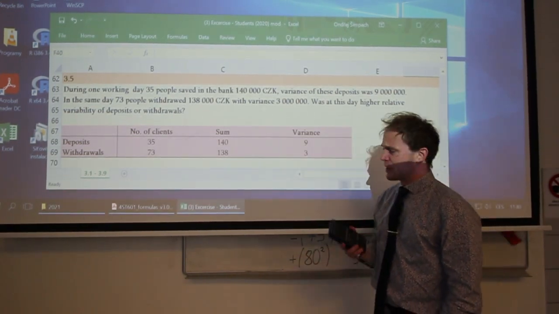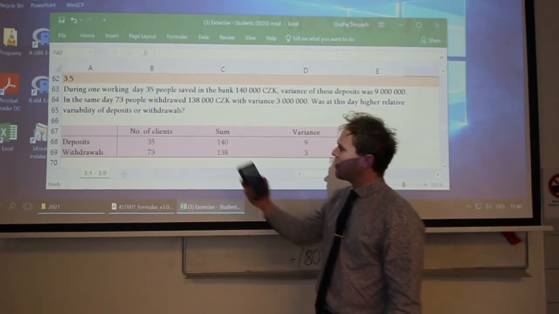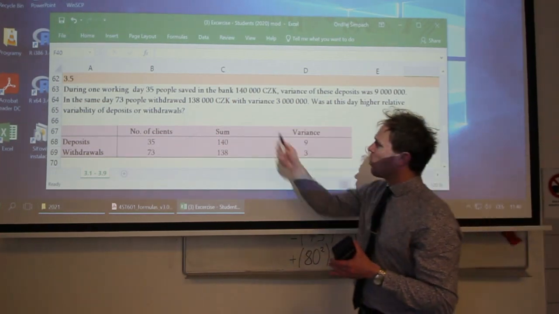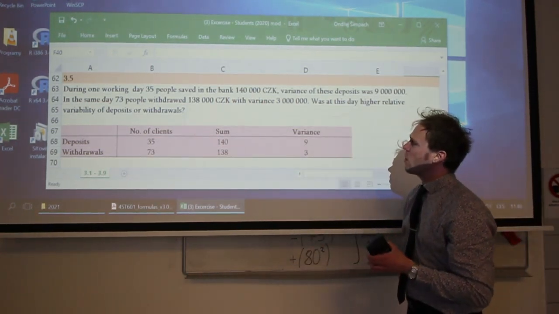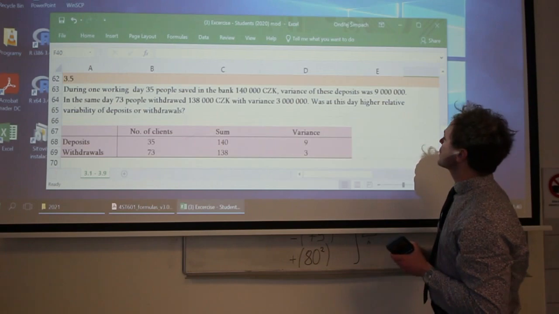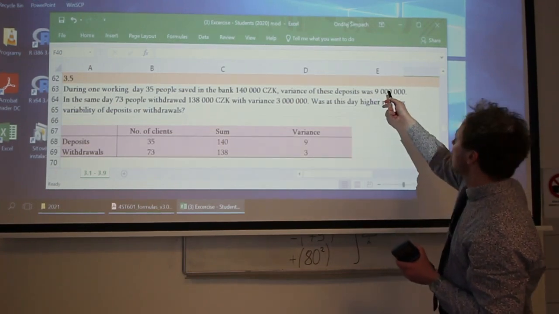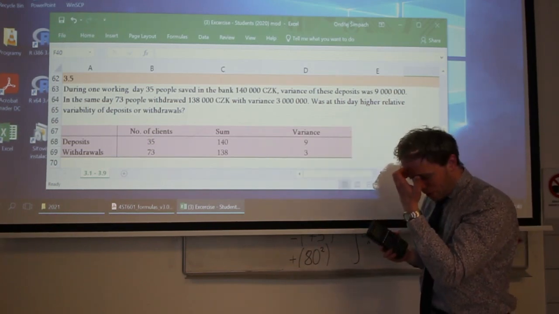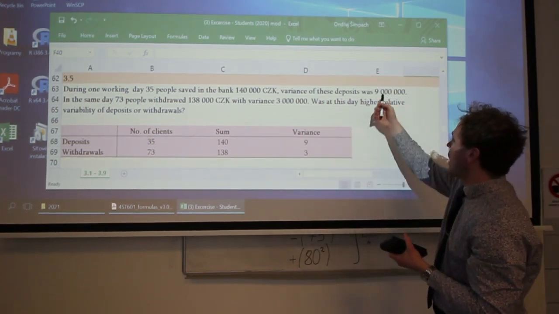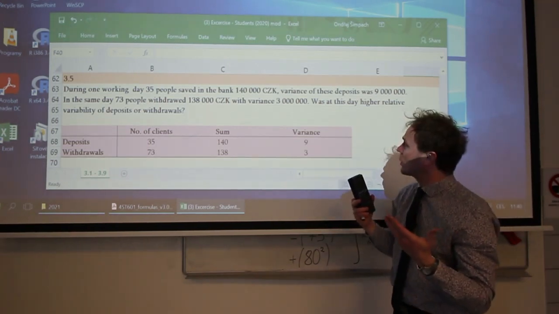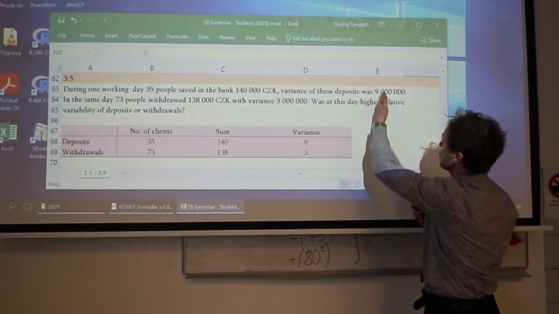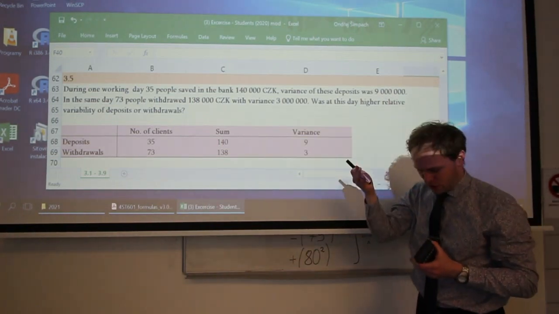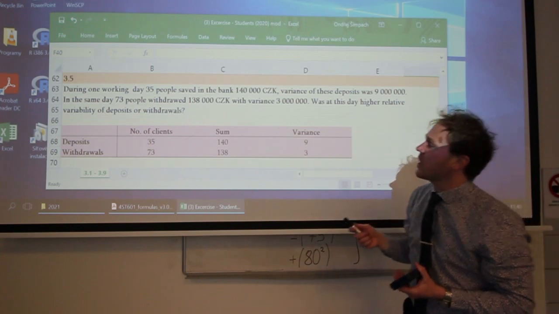During one working day, 35 people saved in the bank in total 140,000 Czech crowns. Variance of these deposits was 9 millions. This is variance, so we must know that this variance is in squared units and we are not able to interpret this value, because we don't know what a squared Czech crown is.